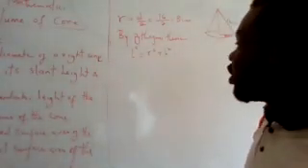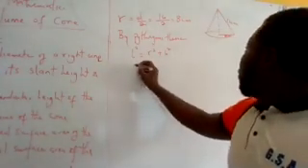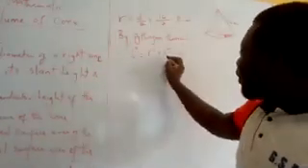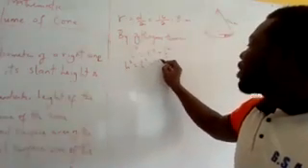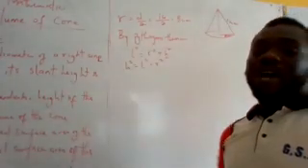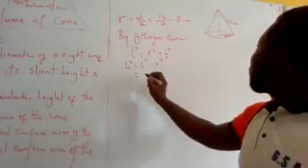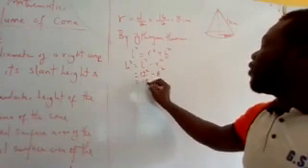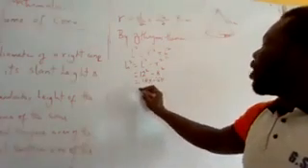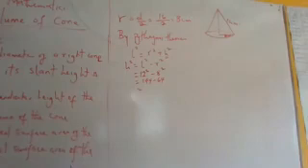You can check your notes. Now, what we are looking for is H squared. So H squared is equal to L squared minus R squared by using change of subject. So this is going to be 12 squared minus 8 squared, which is 144 minus 64. And of course, 144 minus 64 should give us 80.